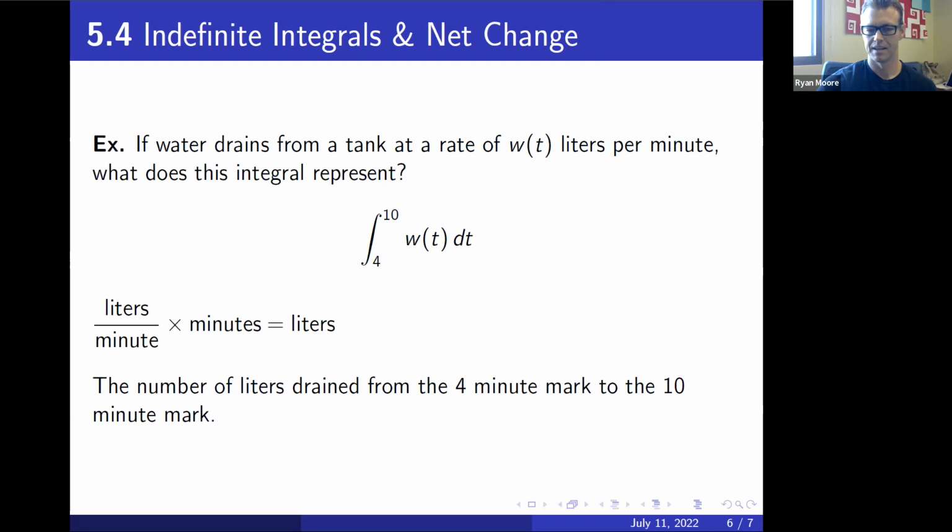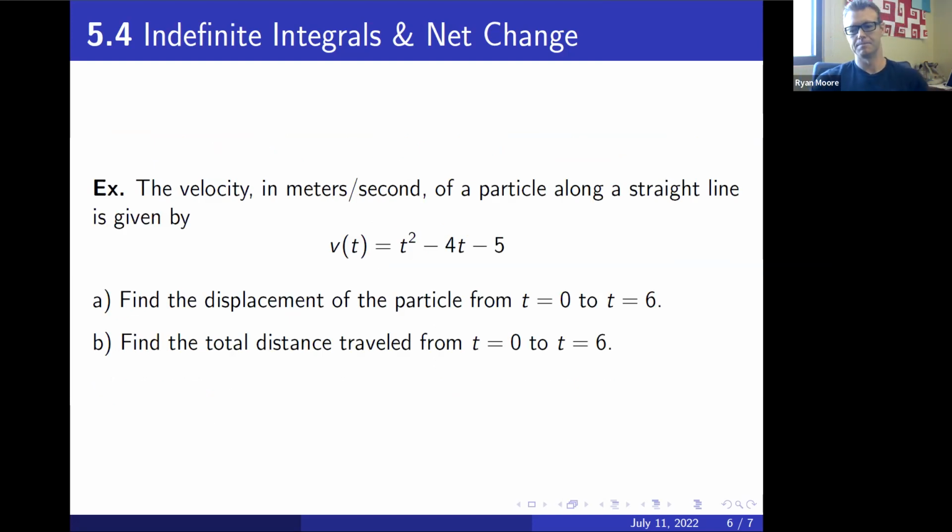Okay, and this example will now actually have us do some details here and do some integration, plug some numbers in. Let's see it. The velocity in meters per second of a particle along a straight line is given by v of t equals t squared minus 4t minus 5. Not an atypical scenario.